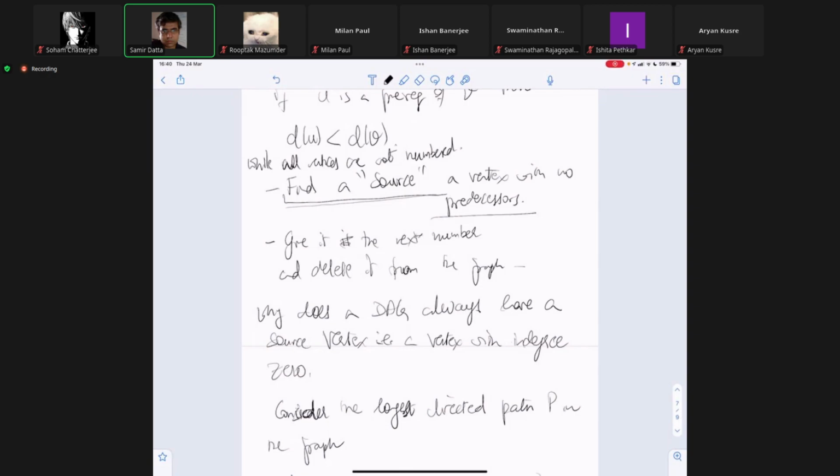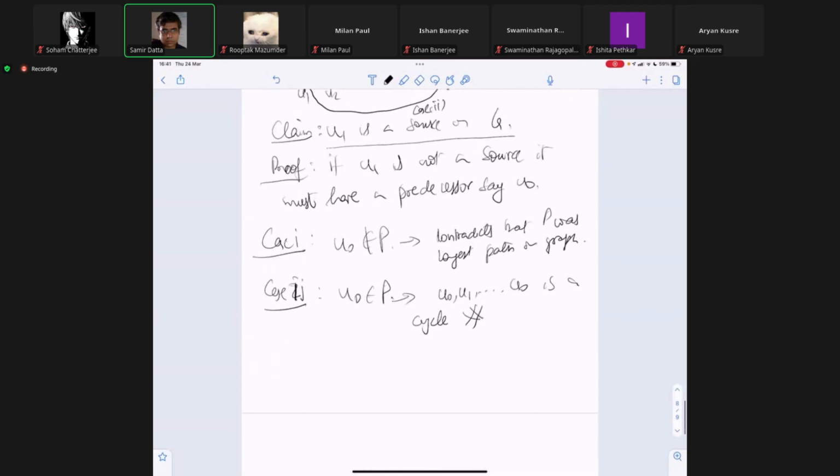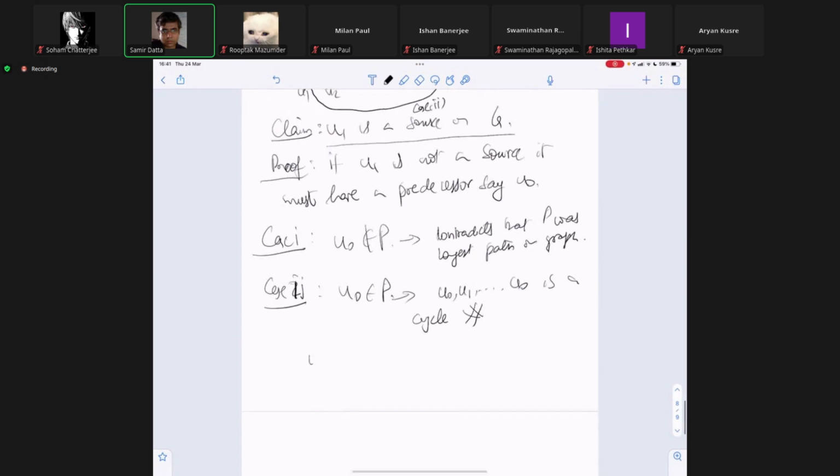Now you are left with a diagram. And now we just have to prove that this algorithm is correct. That is, what do we want to prove? That if there is a path from U to V, you would have to do U in order to do the course V. Then du must be less than dv.